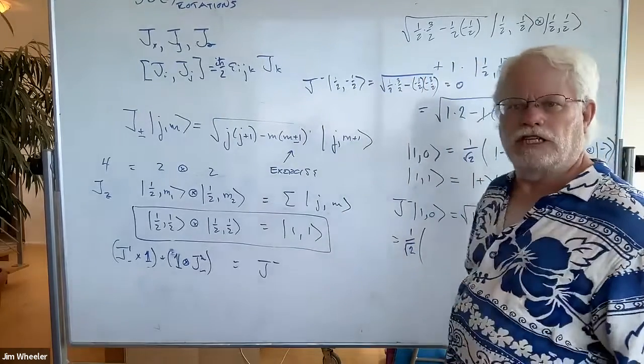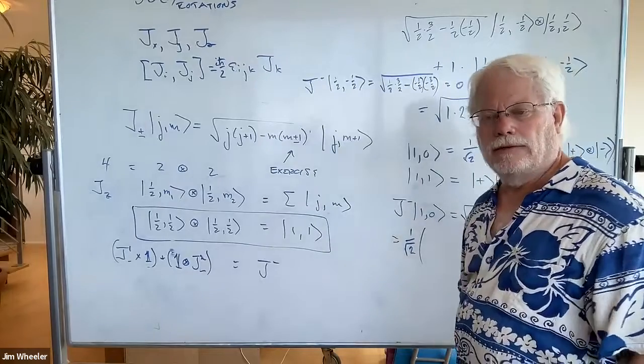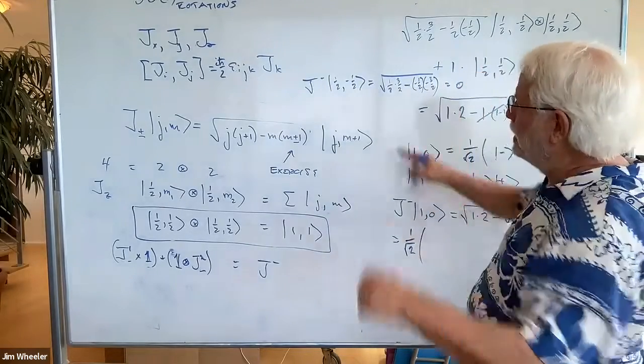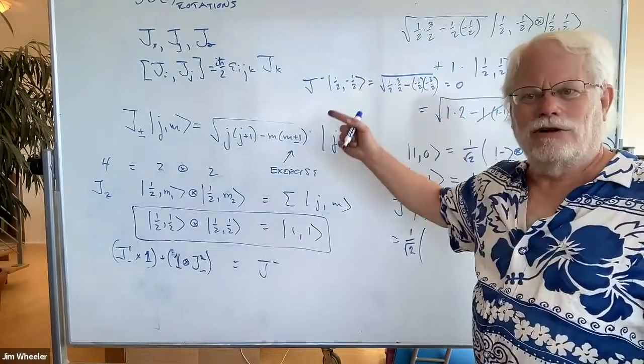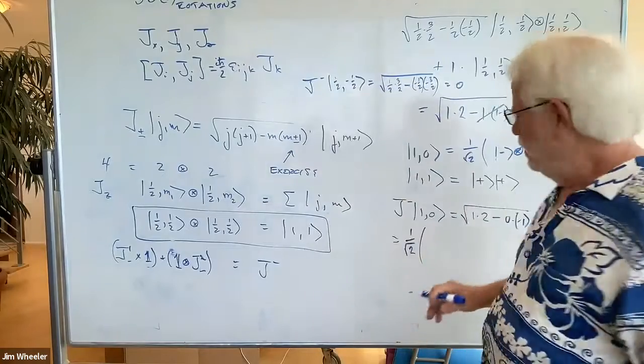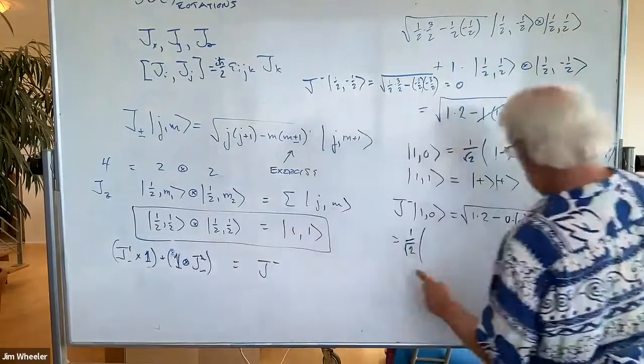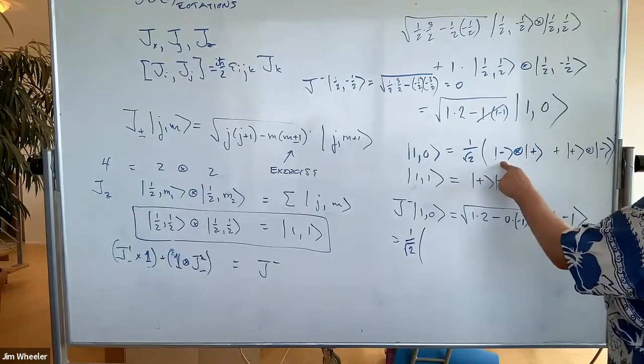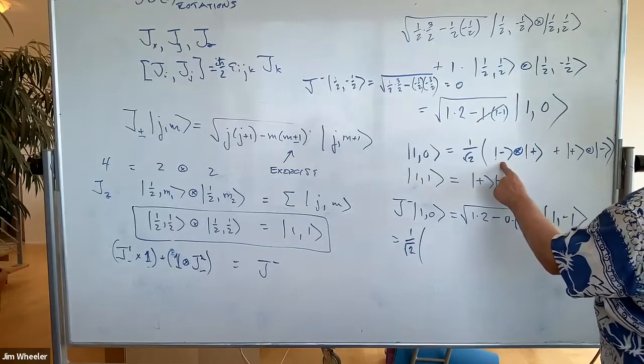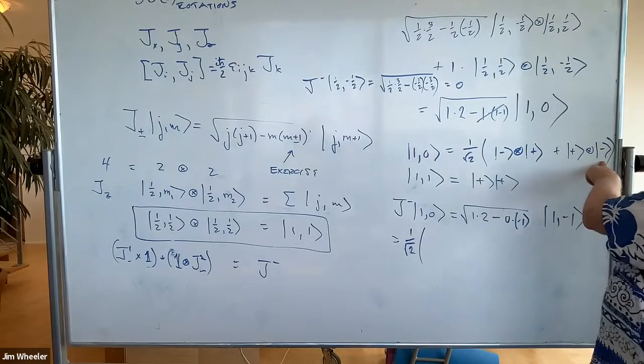So the coefficient itself goes to 0 automatically. So lowering a spin down state, you can't lower it any more than spin down. So when this first operator here acts on this, we get 0. When the second operator acts on that one, we get 0.